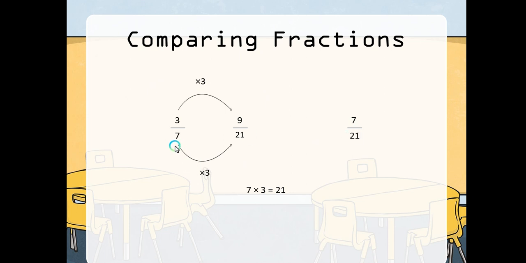So what number can we multiply by 7 to give us 21? 3. And when we multiply the down, we'll multiply the up. So 3 times 3 will give us 9, and 7 times 3 will give us 21. We don't need to change this because we already have the equivalent fraction.